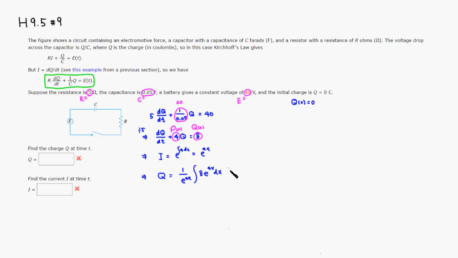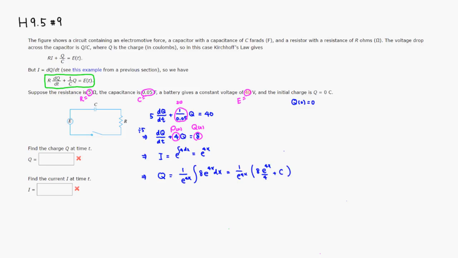The antiderivative would be 8 times e to the 4x over 4, and then you have a plus some constant c.